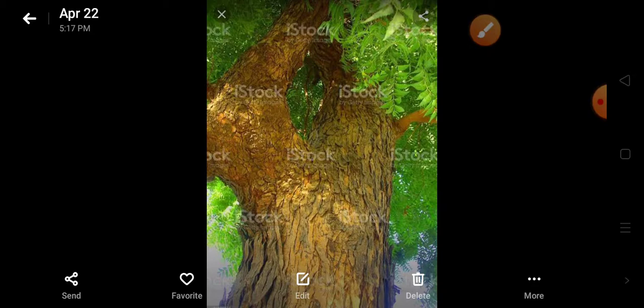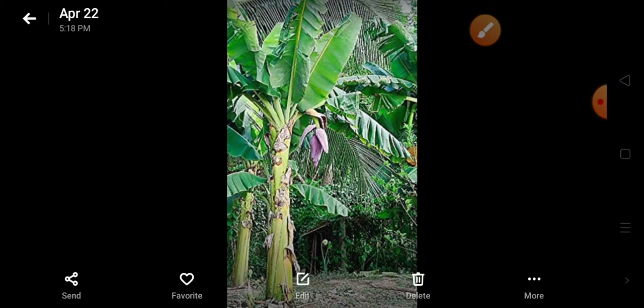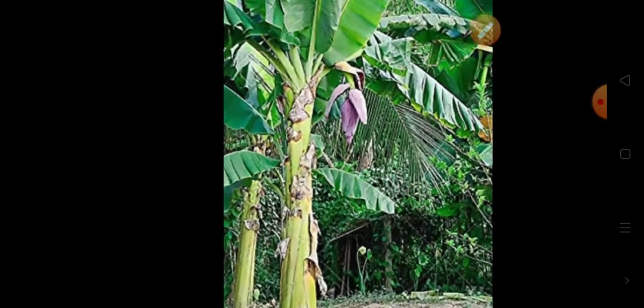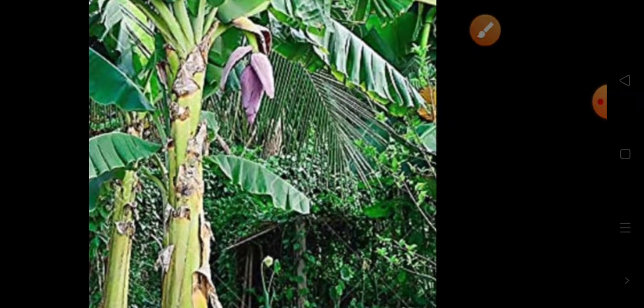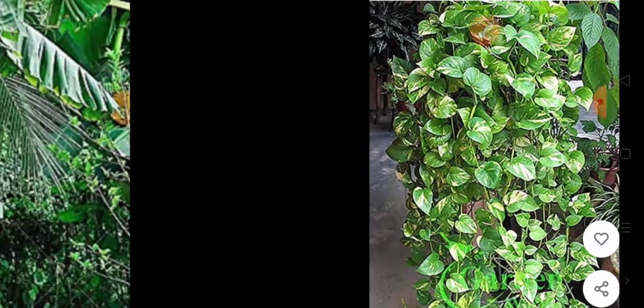But the stem of a banana is green, thick and soft. Students, just listen. Banana has a green, thick and soft stem. Just see the image of banana.